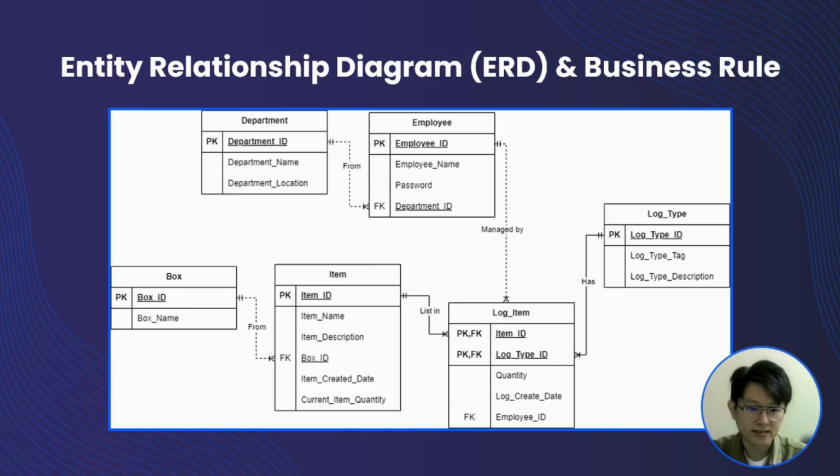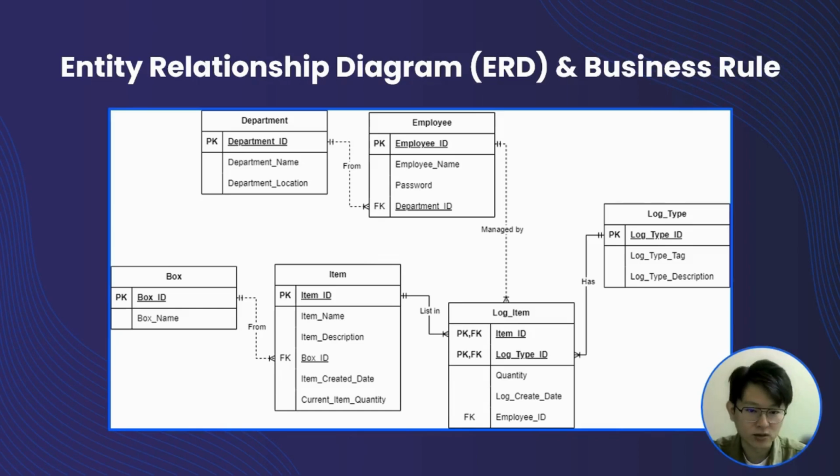We can notice that the employee model has a connection with the department model, where the business rule is employee department ID, and this department ID is listed in the department model. The main part of the relationship for this project is the log item, which is the record of the items and their status from the log type.